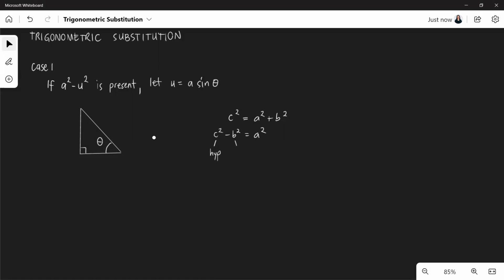Since this is assigned a sine, this b here must be the opposite side of the right triangle, because sine theta is equal to opposite side over hypotenuse.